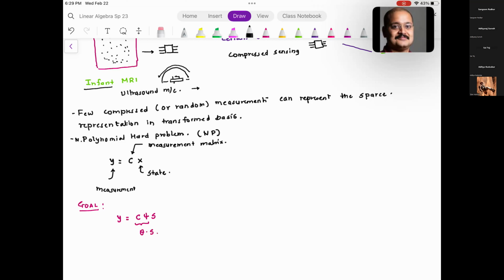It means that this C is basically a matrix full of Gaussian or Bernoulli distributed random numbers.